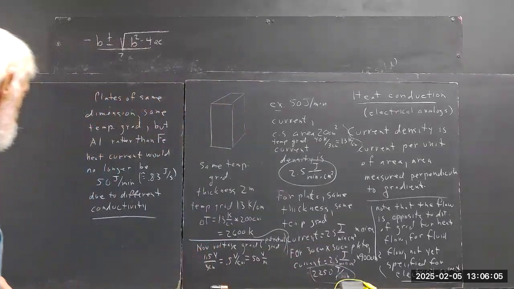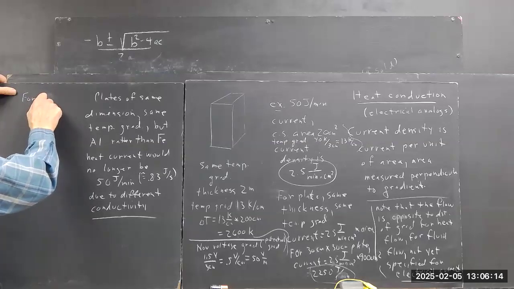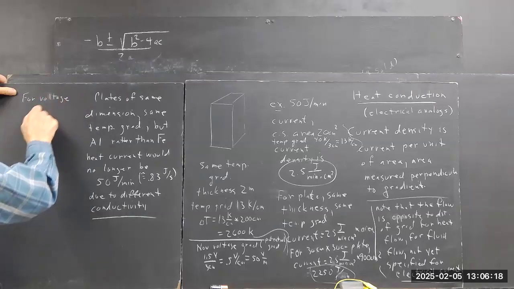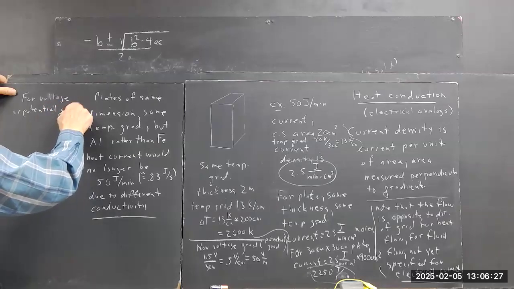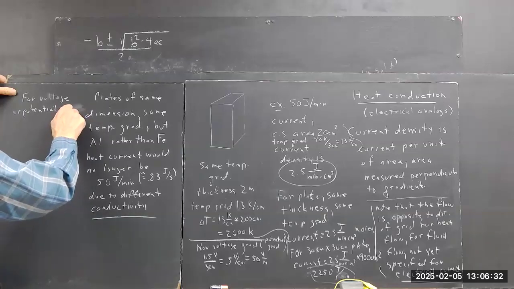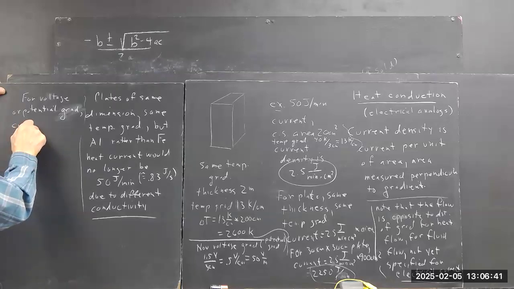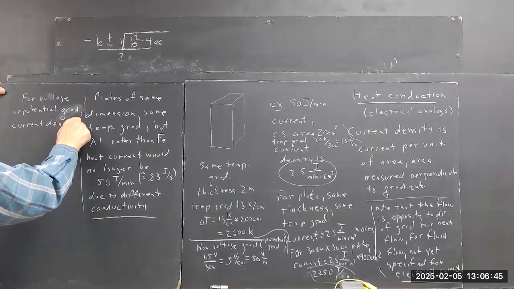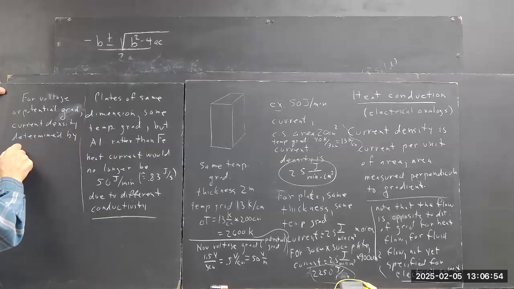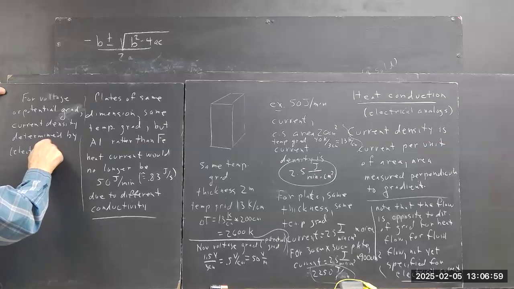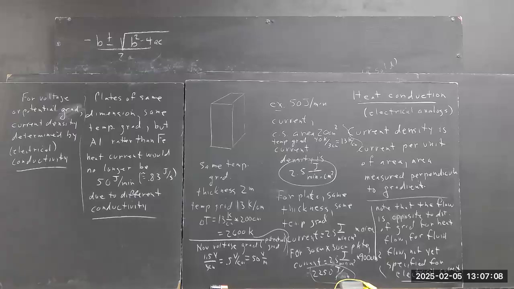Well, voltage or potential gradient, the current density be determined by electrical conductivity.